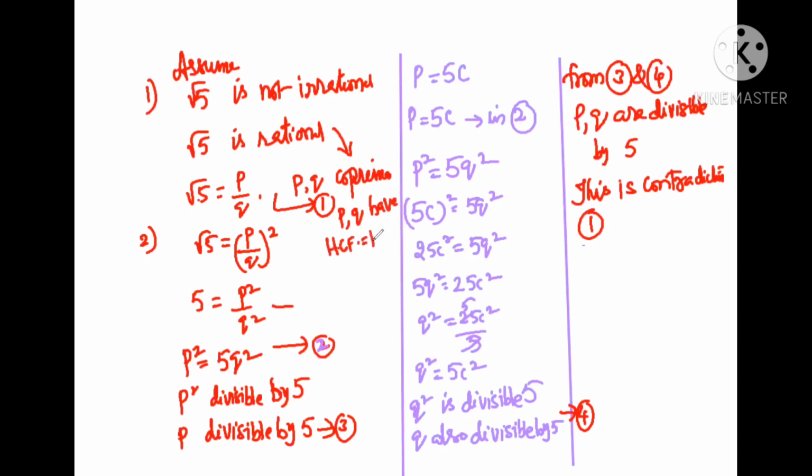No other factors are there, but if we got 5 also as a factor, therefore contradiction. Therefore our assumption is wrong. So p, q have HCF 1, common factor 1, and according to the above result, p, q have 5 as a common factor.